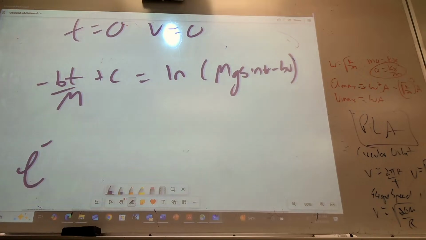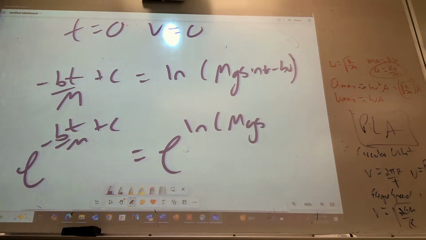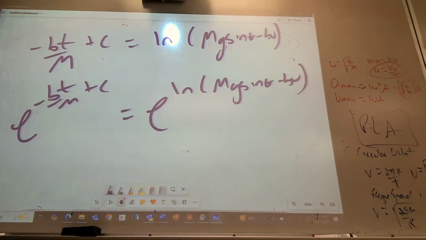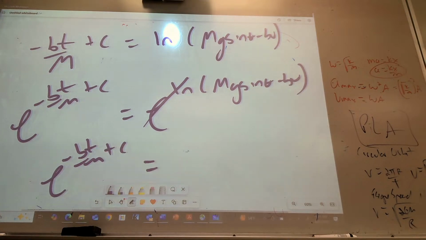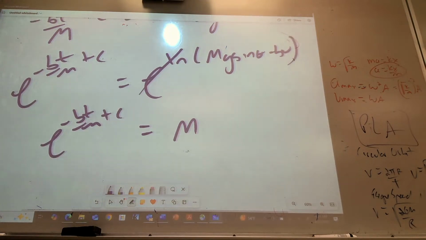So I'm going to have E to the minus bt over m plus c is equal to E to the ln mg sine theta minus bv. Okay, now remember, what do we do next? You put t and v as 0. Well, we can cancel this, I'm thinking. Oh yeah, we can cancel that. Now you can put them at 0. Minus bt over m plus c is equal to mg sine theta minus bv.